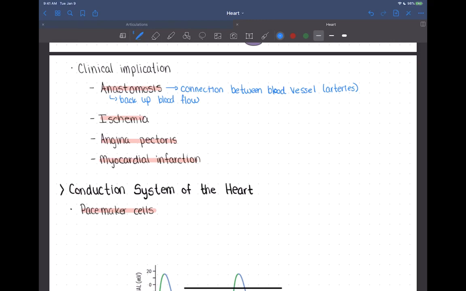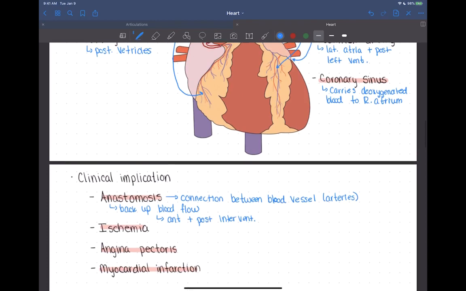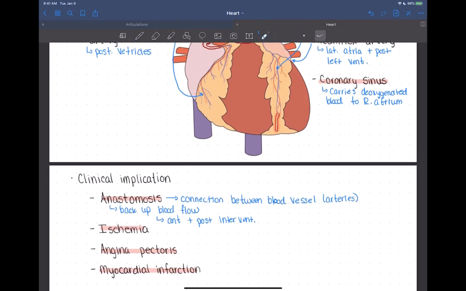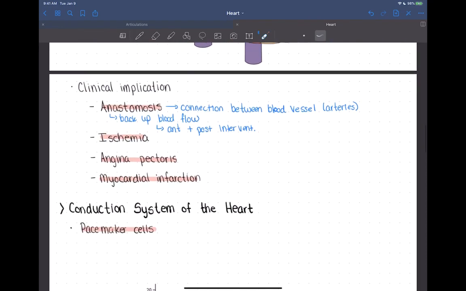All right, and so one important anastomosis is between the anterior and posterior interventricular arteries. They actually go around the apex of the heart here, and they connect with each other. So if something happens in one, the other can help to send blood to that lacking tissue.